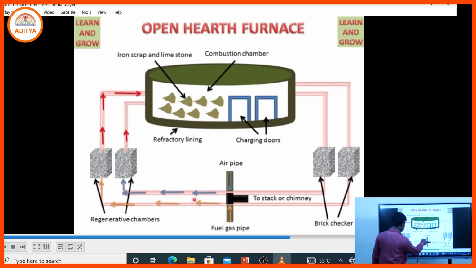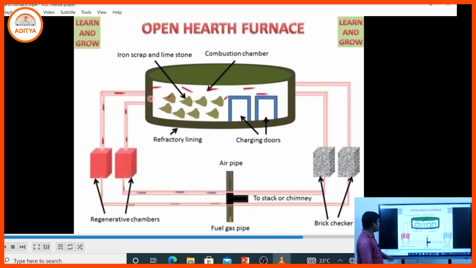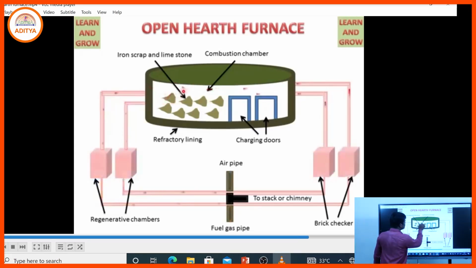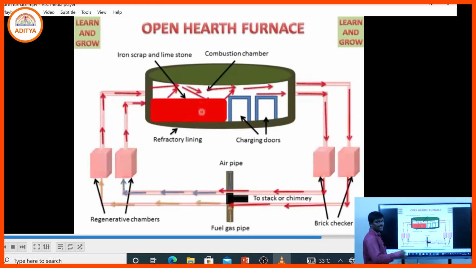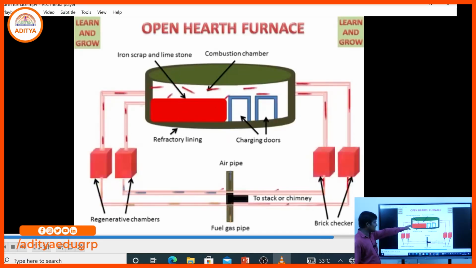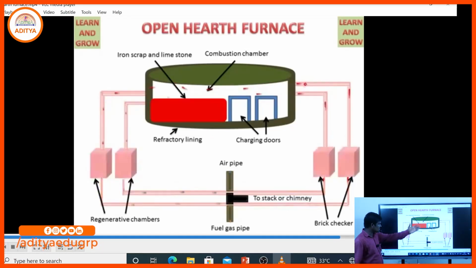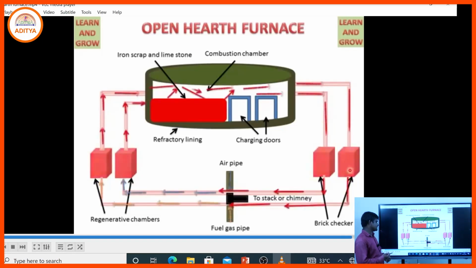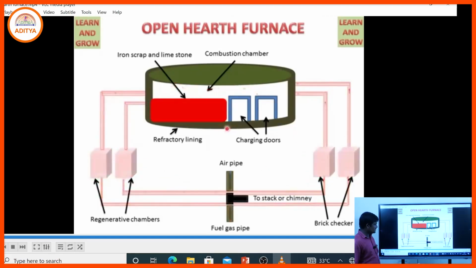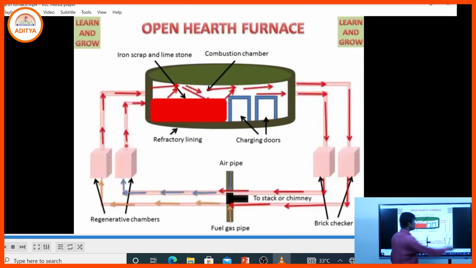Now we send the fuel gas through the piping system, and preheated gas and air pass through the chamber, continuously heating the metal scrap. The heat increases, and due to the increase of heat the metal scrap is converted into molten metal. That is the continuous process of the open hearth furnace.